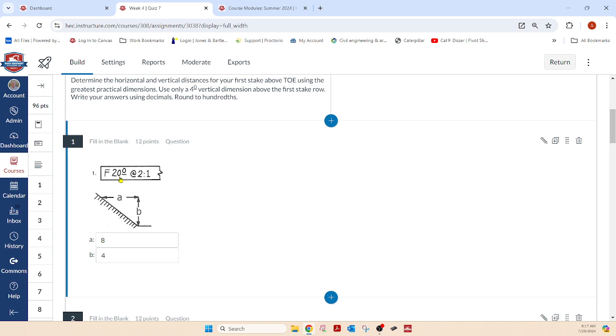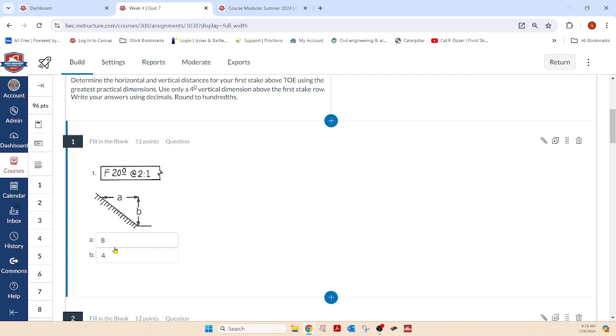So let's say it's 16, because the next one up is 20. 16 from that leaves 4 would go here. And your ratio is 2, so 4 times 2, your horizontal is going to be 8.